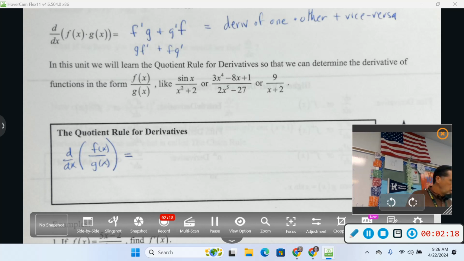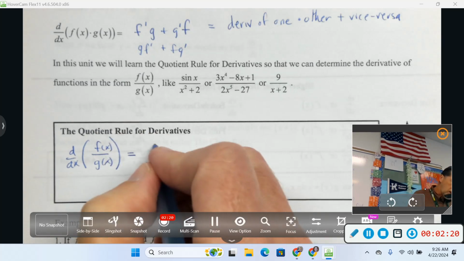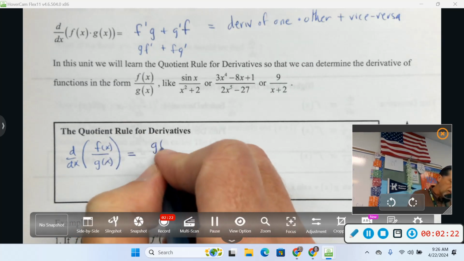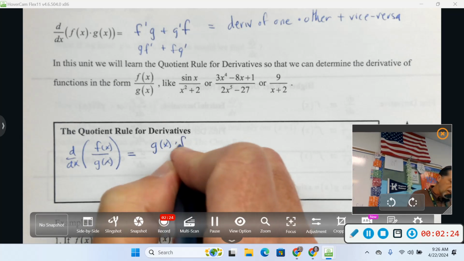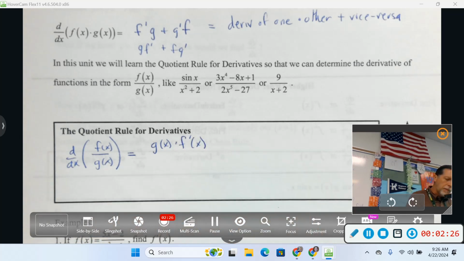So here's how I'm going to write it. g of x times f prime of x. Again, it's one derivative and the non-derivative minus the other way around, but this time you've got to get it right on who comes first.